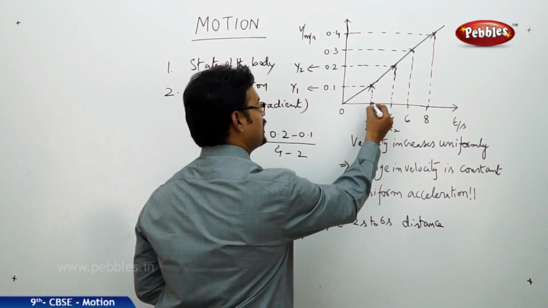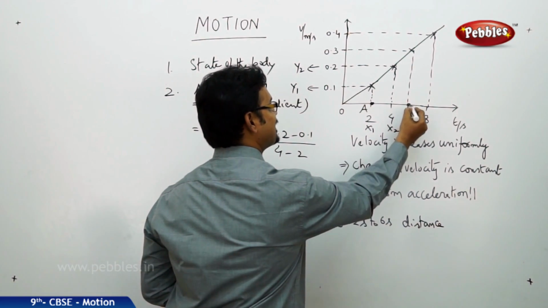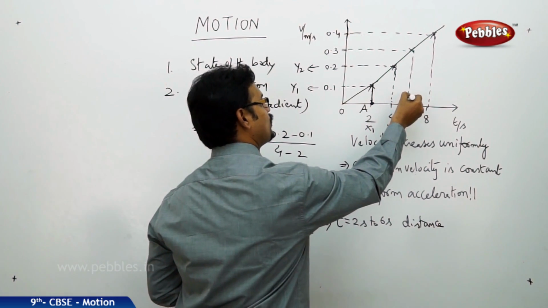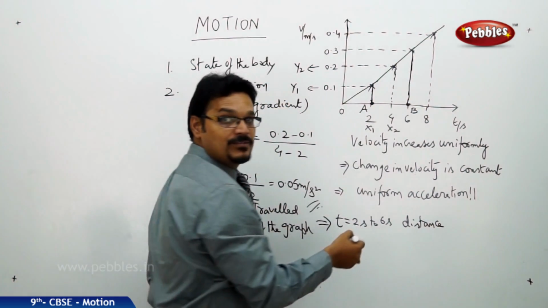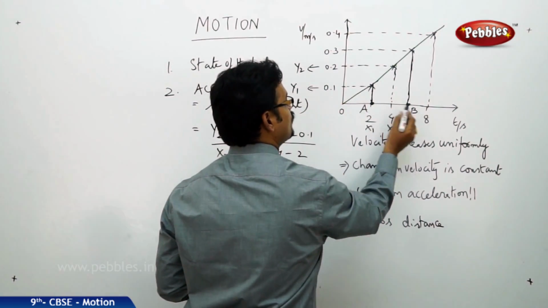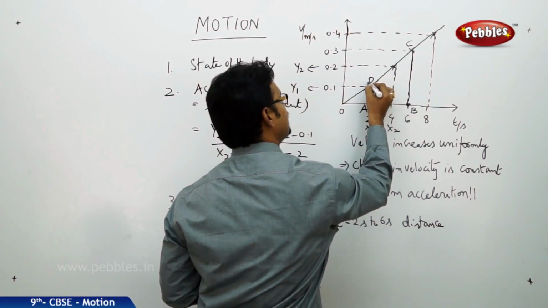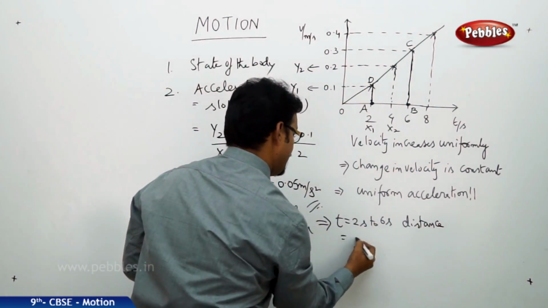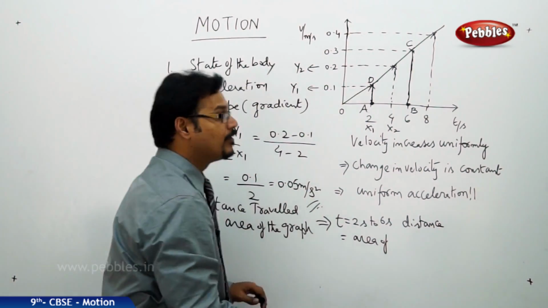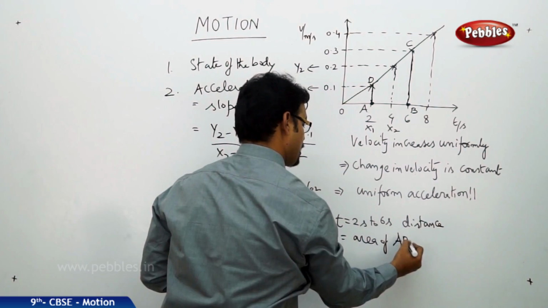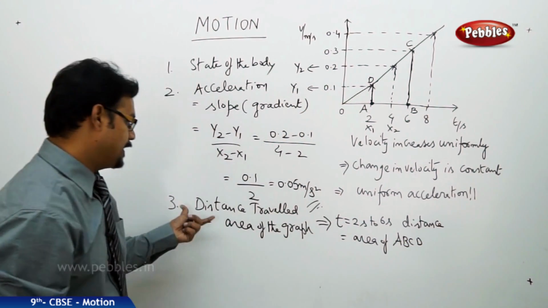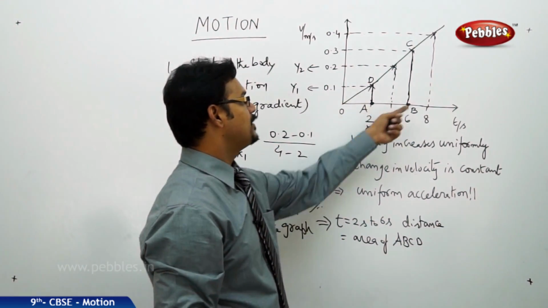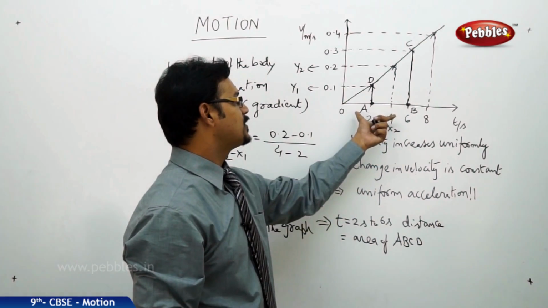Let me put some labels: 2 seconds is A, 6 seconds is B. Now the points at 2 to 4 seconds, this is C, this is D. The area of ABCD is what we need. As I told you, distance traveled can be found using the area of the graph. Here the area is nothing but ABCD, because I asked 2 to 6 seconds.